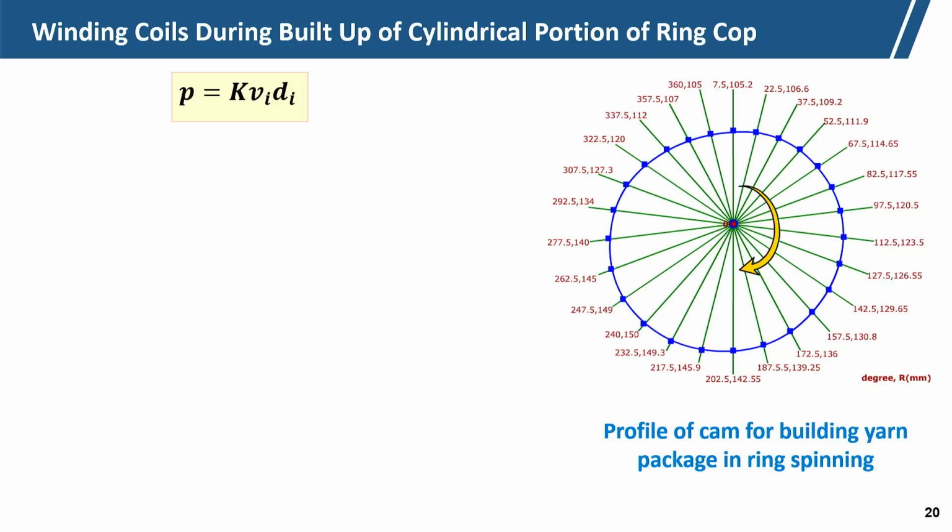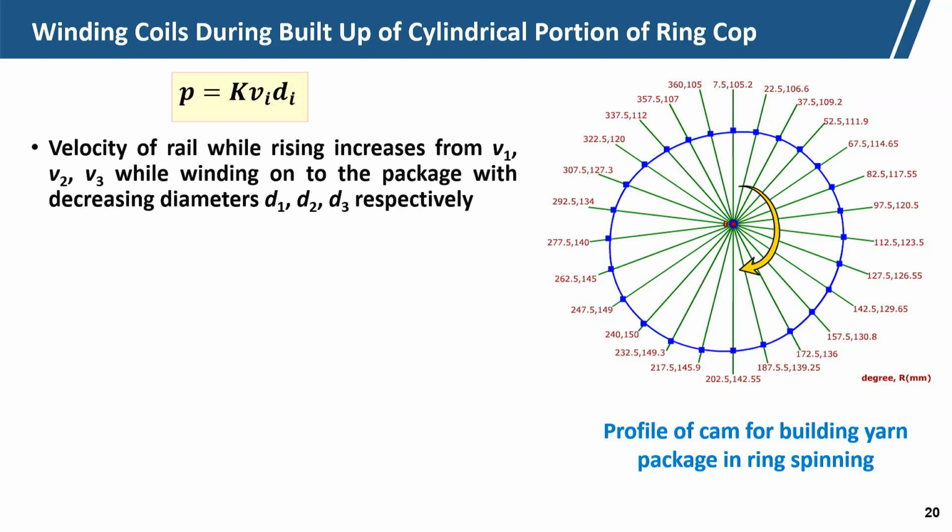Now, here from the profile of the cam for building the yarn package, this is the profile. We can calculate the pitch from the profile, so the cam profile is important. For 1 degree of rotation, how much will be the movement, we can calculate from the cam profile.